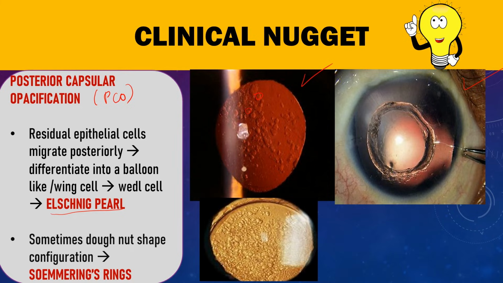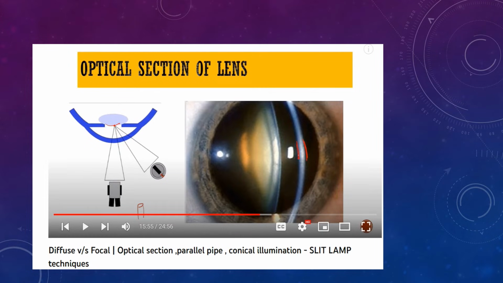Each pearl is actually a failed epithelial cell which was supposed to become a lens fiber. So that is your Elschnig pearl. Now sometimes they take the shape of a ring, or a donut-shaped ring. That is called a Soemmering ring. So both of these are basically posterior capsular opacification. I hope that is clear.